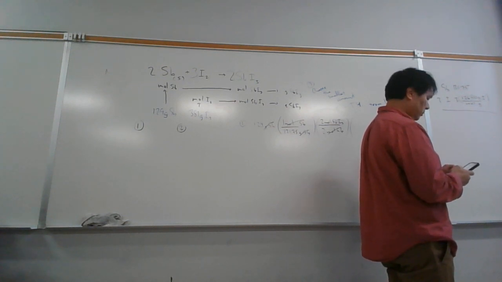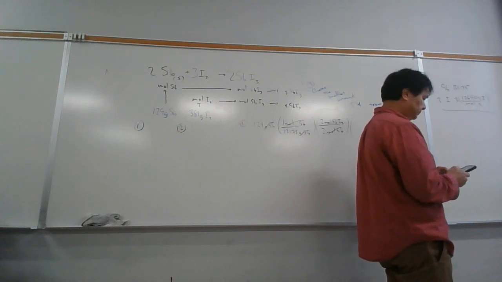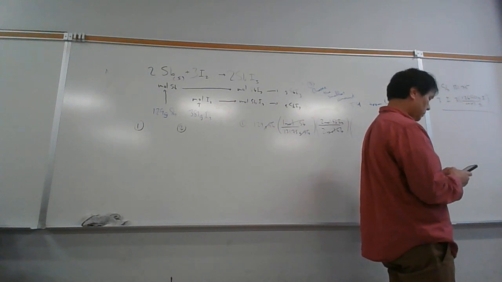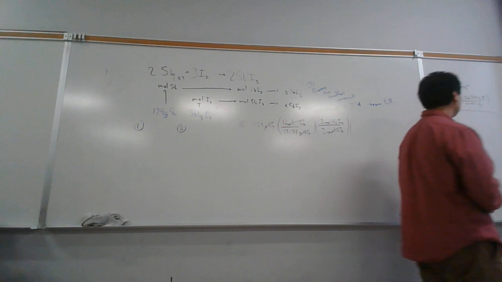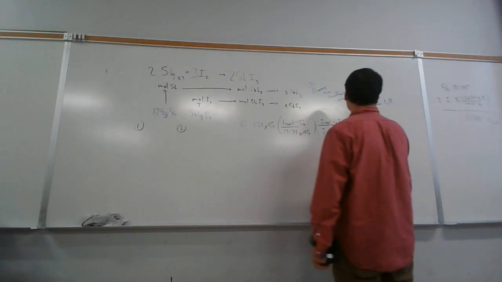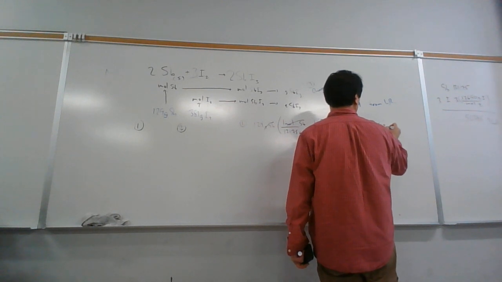So actually let's do 3 times 126.9 plus 121.75. This has a pretty high molar mass. 502.45 grams per mole. That's what we're going to use here. That's pretty heavy. So over here we'll do 502.45 grams of SbI3 per mole.